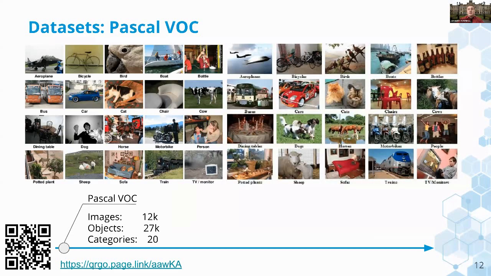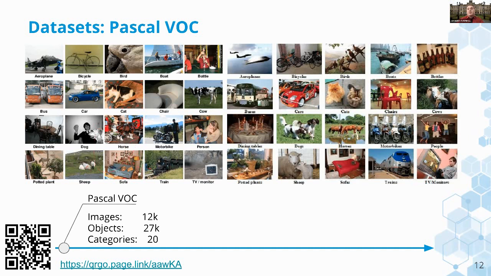One of the oldest datasets available today is Pascal VOC, VOC standing for Visual Object Classes. It was released in 2005, and nowadays it consists of 20,000 images on which 20 categories are annotated.